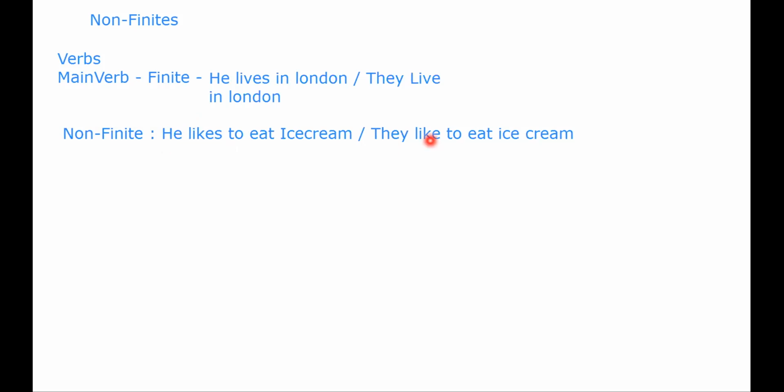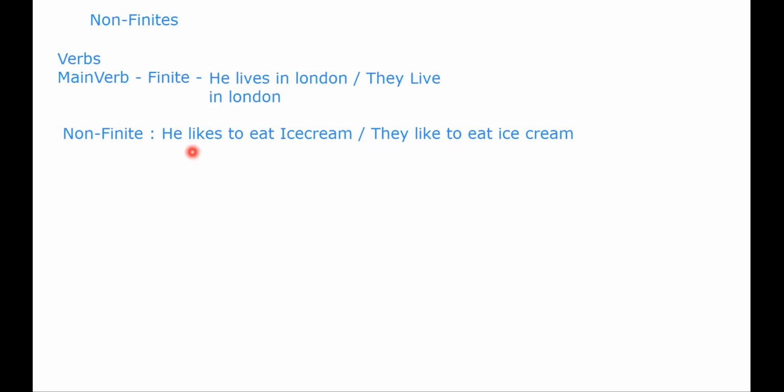So like is termed as a finite verb. But when we talk about to eat, in both the cases, to eat is the same. It has not changed its form regardless of what subject I am using. If I'm using a singular subject, then also it is to eat. And if I'm using a plural subject, then also it is to eat. So this is the major motive of a non-finite verb, that it does not lose its form despite the subject it gets attached with.